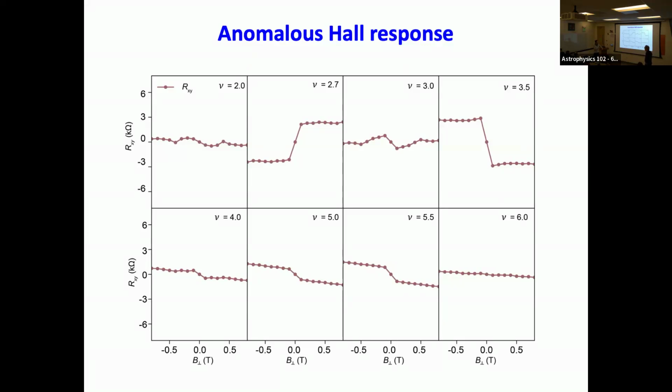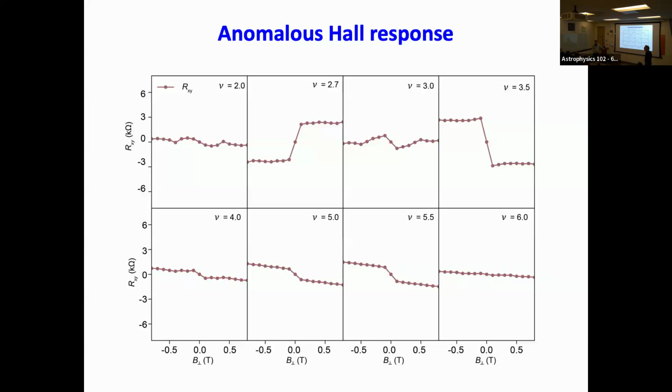And you can see that slightly below filling 3, you get a nearly ferromagnetic response. I'm not so sure it's really exactly ordered and maintains a zero field Hall response, because we did not scan that finely in these scans. But above filling factor 3, you can also see that it's nearly ferromagnetic.